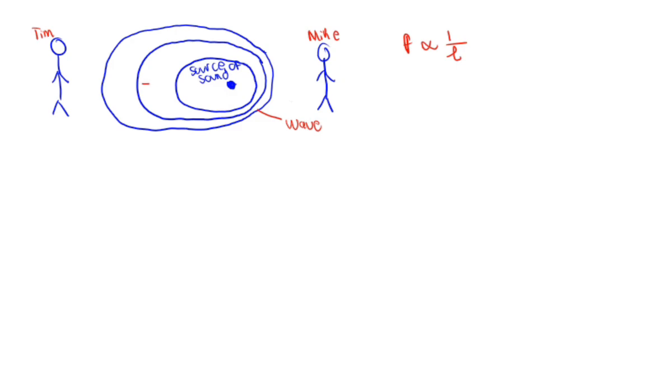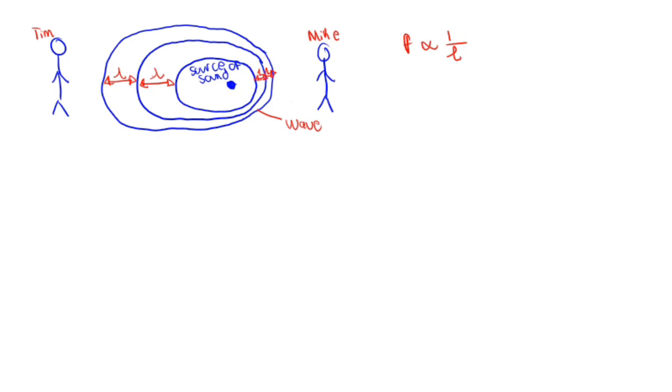The distance between this circle, or oval shape, and this oval shape forms my wavelength. Meaning this is also my wavelength, this is also my wavelength, and this is also my wavelength.